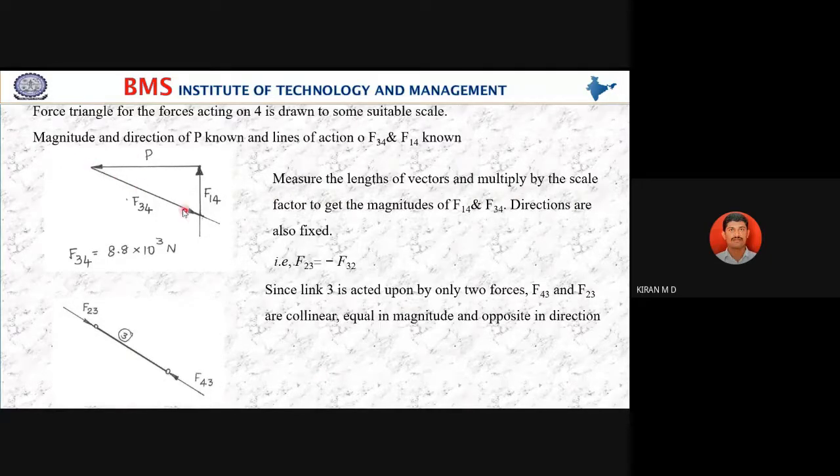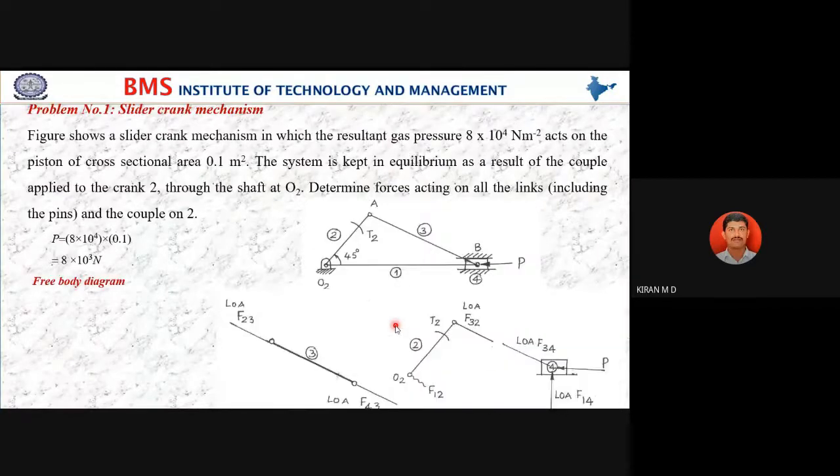So you got F34, which is 8.8 kilonewton. Because of the piston's 8 kilonewton, this will cause a force on the connecting rod of 8.8 kilonewton.